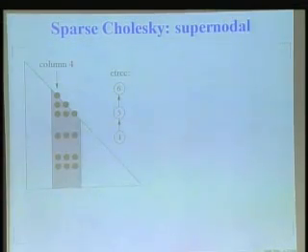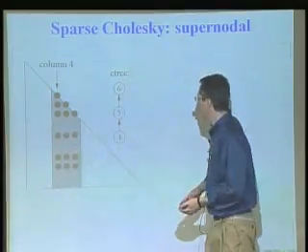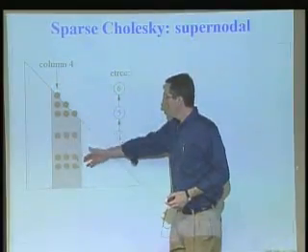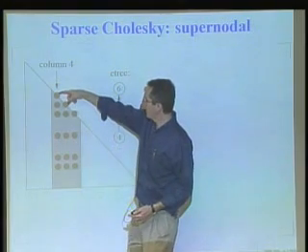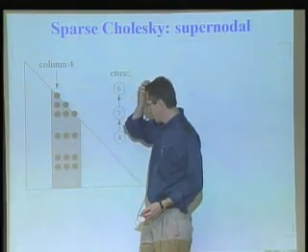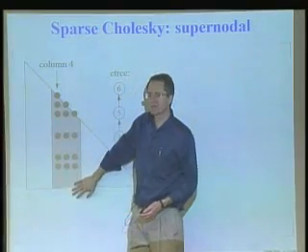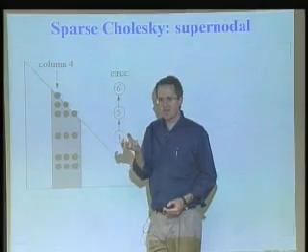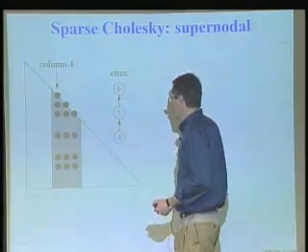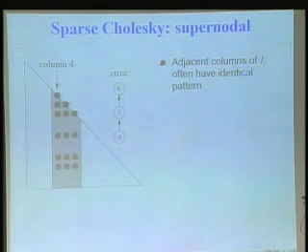Now, in a supernodal method, we can lump together columns with this identical non-zero pattern. The tree will look like this because the parent of 4 would be 5. The parent of 5 would be 6. And if I can detect that the non-zero pattern of these 3 columns are all the same, then I can lump them together. And this happens a lot in matrices because of the way they fill in.